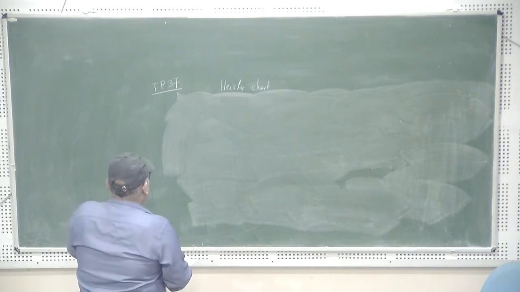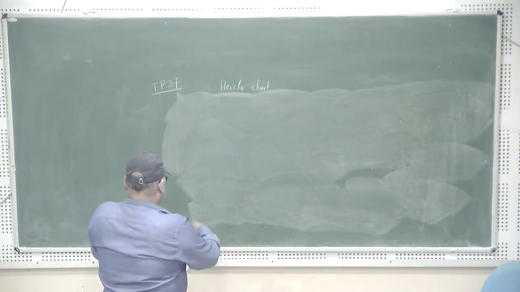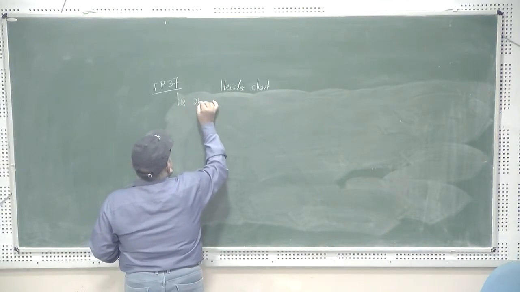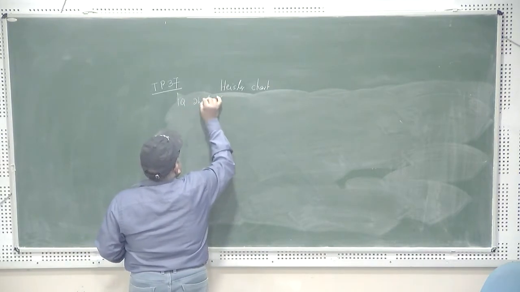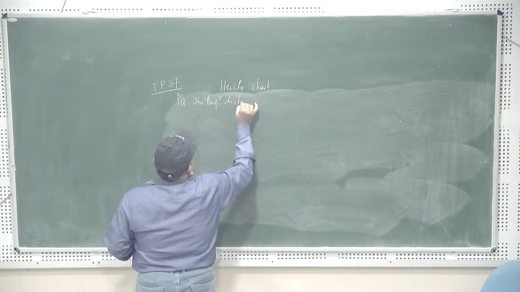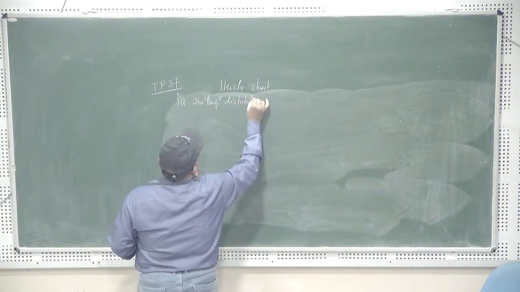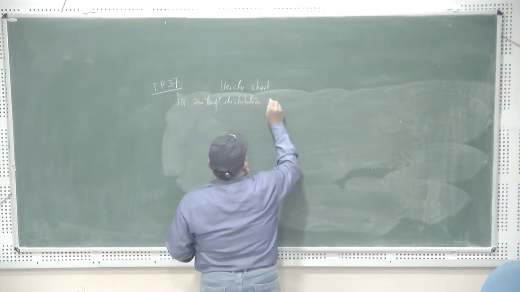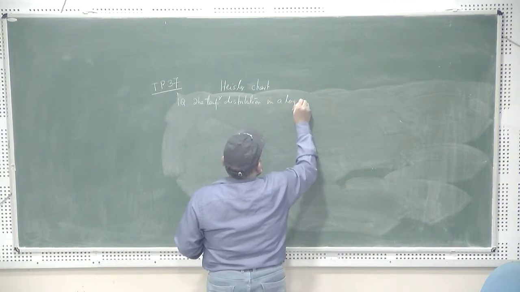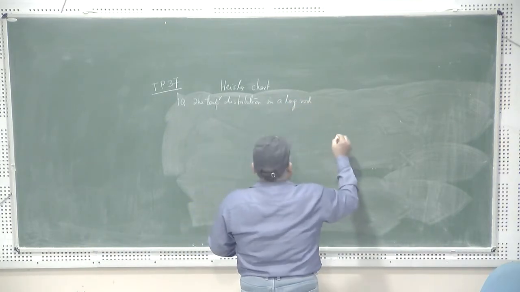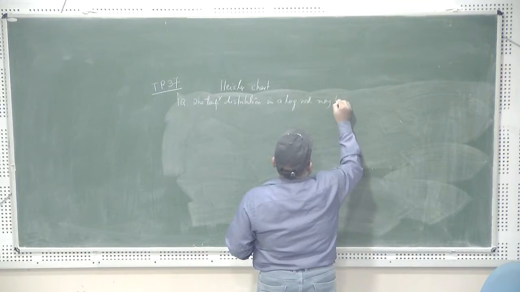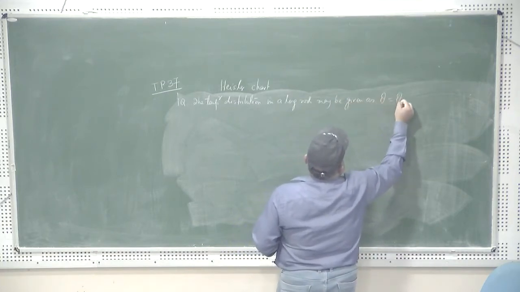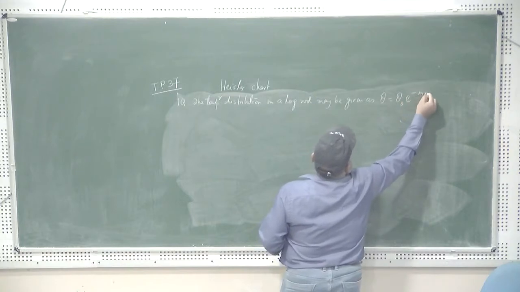So, the question is, the temperature distribution in a long rod may be given as theta equal to theta 0 e to the power minus mx.